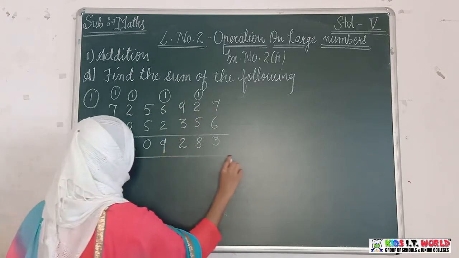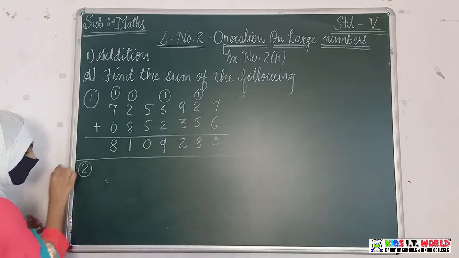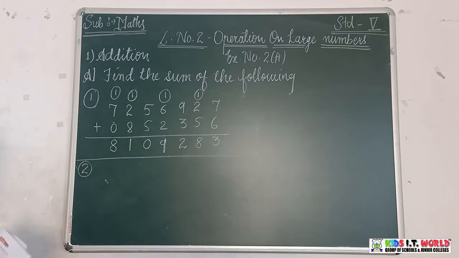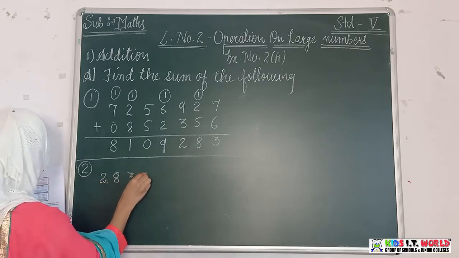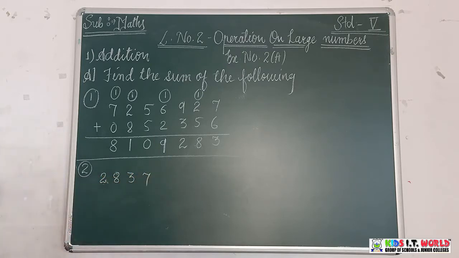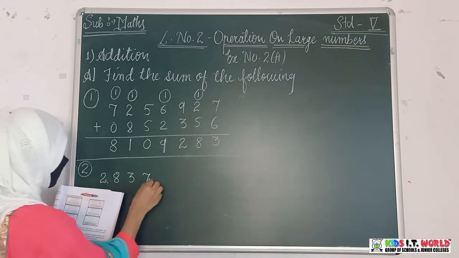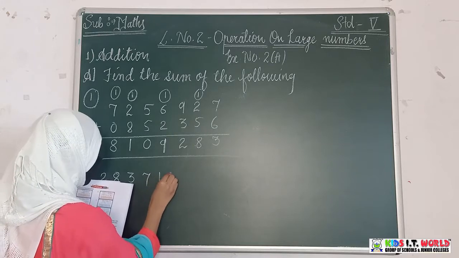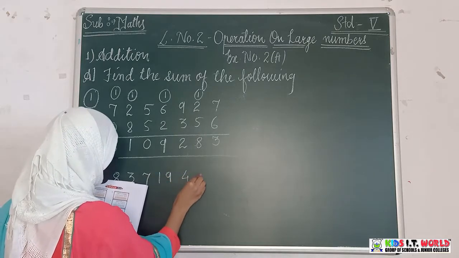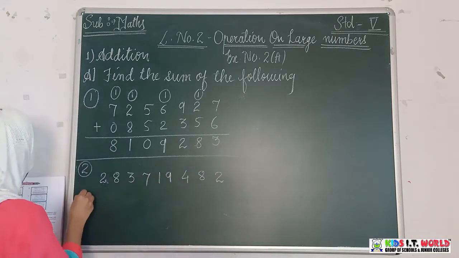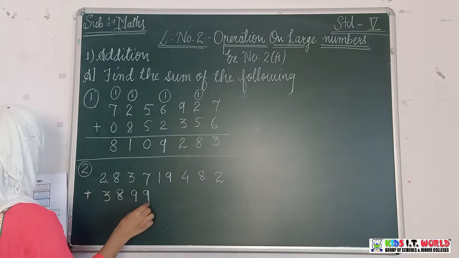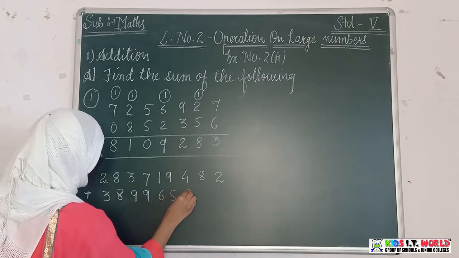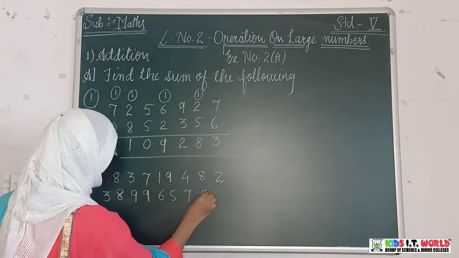Let's see another example. We will see the second one. 28 crore 37 lakh 19,482 added with 38 crore 99 lakh 65,782.